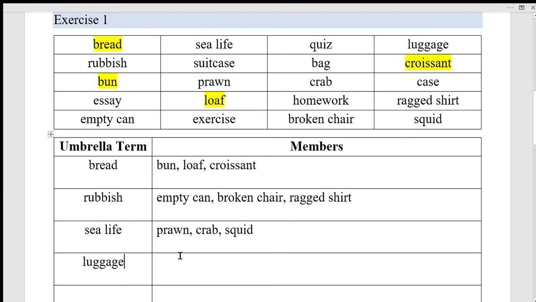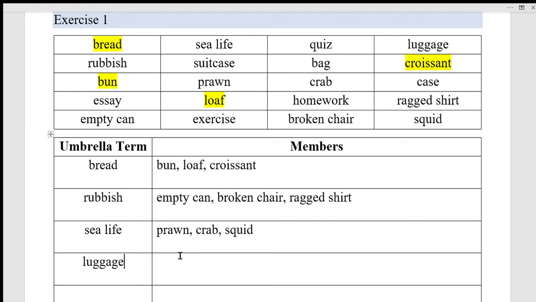For example, when you want to check in, okay, before you board the aeroplane, sebelum kamu naik aeroplane, you have to check in, don't you? So barang-barang yang kamu bawa dengan kamu, seperti suitcase kamu ke, seperti bag laptop kamu ke, seperti jaket kamu ke, okay, atau seperti handphone kamu ke, ini semua adalah luggage, barang-barang yang kamu bawa dengan kamu.